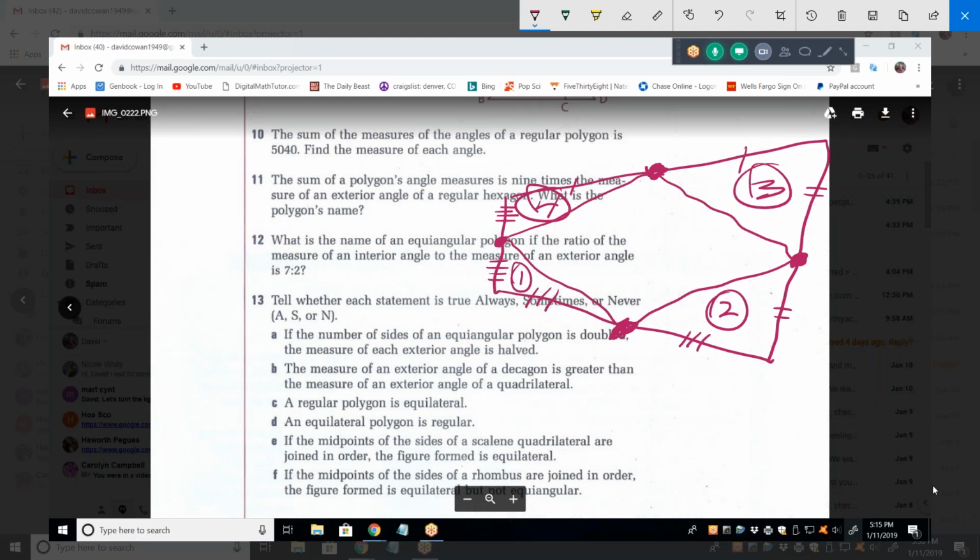Know that each of these hash marks are not the same. One hash mark is definitely not the same as 2 hash marks, because otherwise it wouldn't be scalene. This is another one I'm going to have to get back to you on.